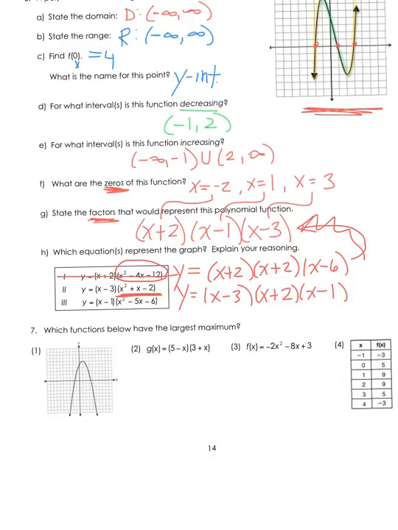Hey, that matches. Doesn't matter what order they're in. I got an x minus 3, an x plus 2, and an x minus 1. Great. They're the exact same function. If I were to graph number 2, it would look exactly like this picture up here. So number 2 is good.